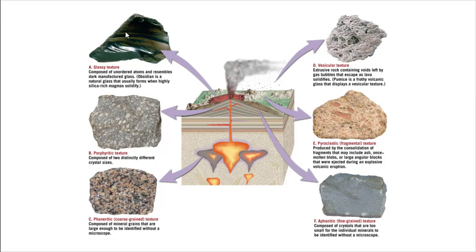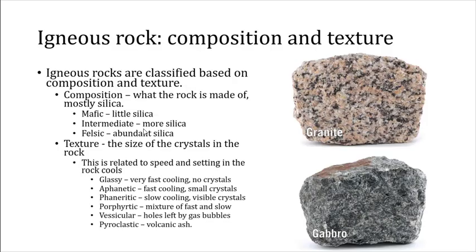Here, it's getting hosed down with water or snow or flowing into the ocean or something like that. This is cooling in minutes. This is cooling in years, if you want to attach some sort of numbers to them, although that's really tricky to do. Anyway, so there's those three: phaneritic, aphanitic, and then glassy.